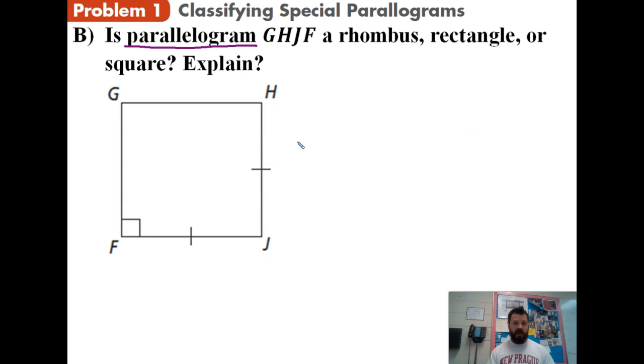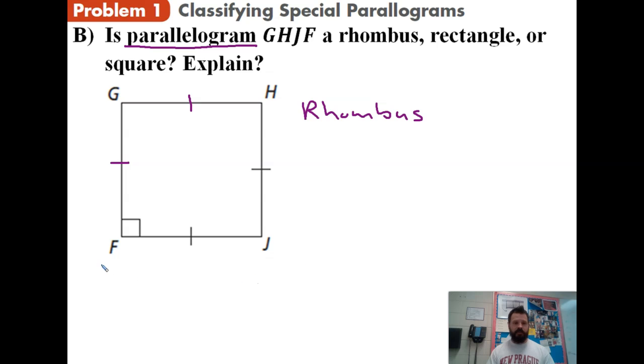Therefore, HJ will be congruent to GF. Same thing, GH will be congruent to FJ. Since these two consecutive sides are congruent, I know all four sides are congruent because it's a parallelogram. Therefore, I can say I'm looking at a rhombus.